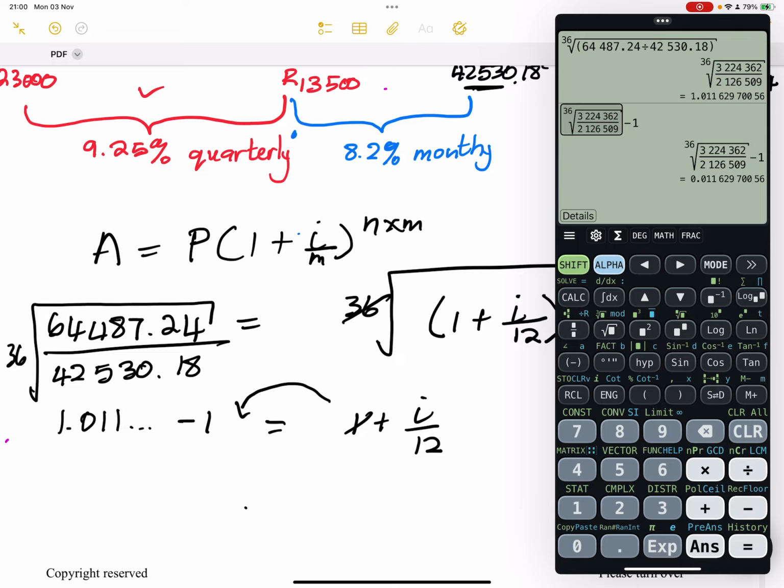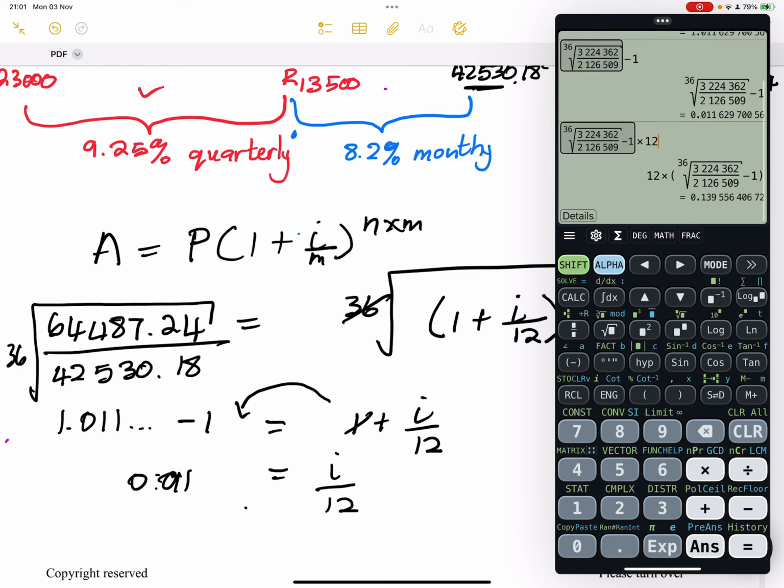And in this case, I've got i over 12, which is equal to that whole 0.011 and so on. Right, so I'm going to say multiplied by 12. And ladies and gents, I get a value of 0.13, let's say 0.14.